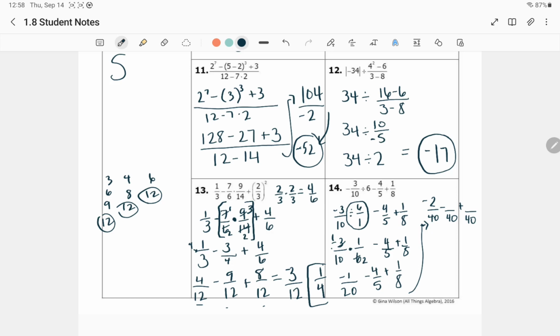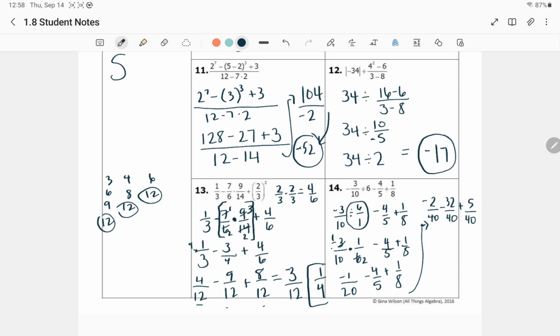So 8 times 4 is 32. And then 8 got to 40 through 5. So 5 times 8 is 40. So 5 times 1 would be 5.